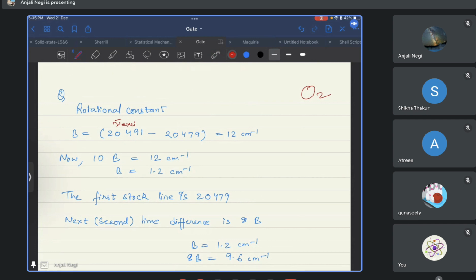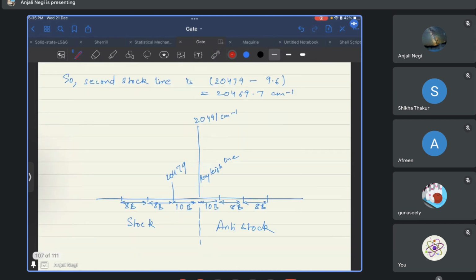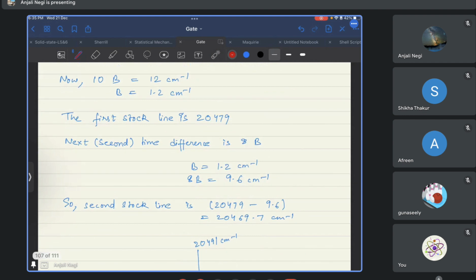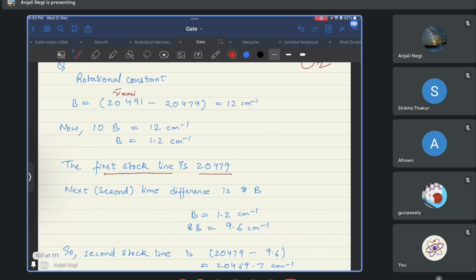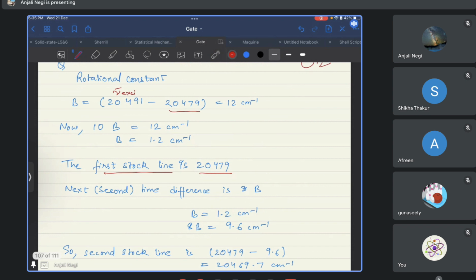When I subtract from it the value of my first Stokes line, which was given to me at 20479, the difference comes out to be 12.